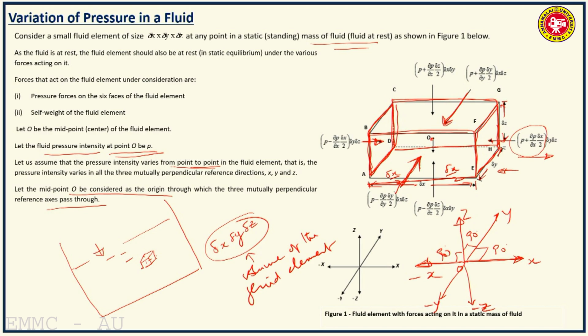This is P minus dou P by dou Y delta Y by 2 multiplied by delta X delta Z, correctly printed, whereas this one will be P plus dou P by dou Y delta Y by 2 multiplied by delta X delta Z, which is the area.